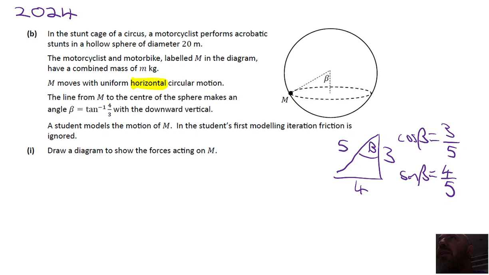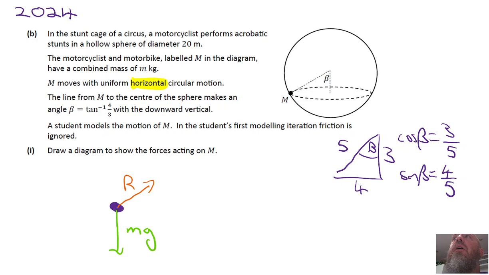And then what else is happening? Well, the only point of contact is with the surface of the sphere, and there's no ropes or tension or anything else like that. So those are the only forces acting on the motorbike. The sphere pushes back up perpendicular to the surface.